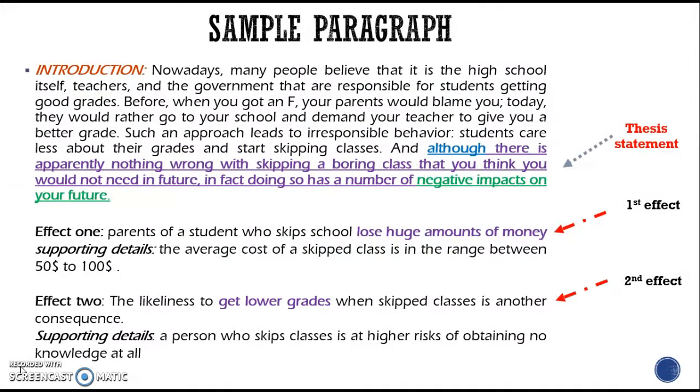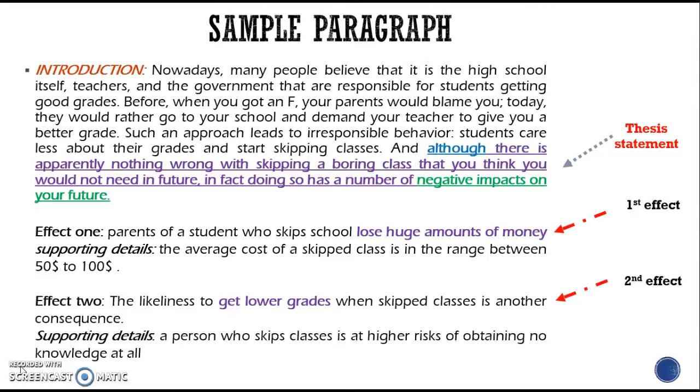Let's take a look at the sample composition. In this, we can see the introduction and the two effects of the body paragraphs. Let's read it together. Nowadays, many people believe that it is the high school itself, teachers, and the government that are responsible for students getting good grades. Before, when you got an F, your parents would blame you.